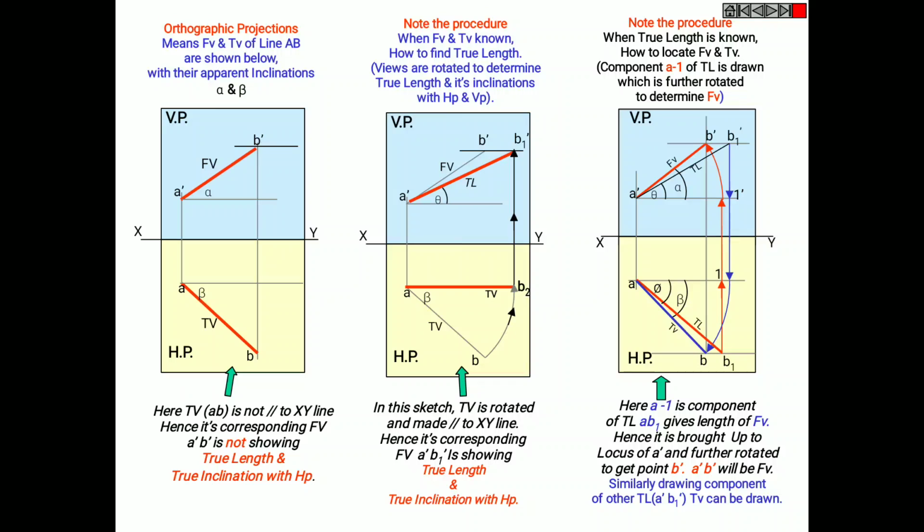Here A to 1 is component of true length. A B1 gives length of front view, hence it is brought up to locus of A dash and further rotated to get point B dash. A dash B dash will be front view. Similarly, drawing component of other true length a dash b1 dash, top view can be drawn.